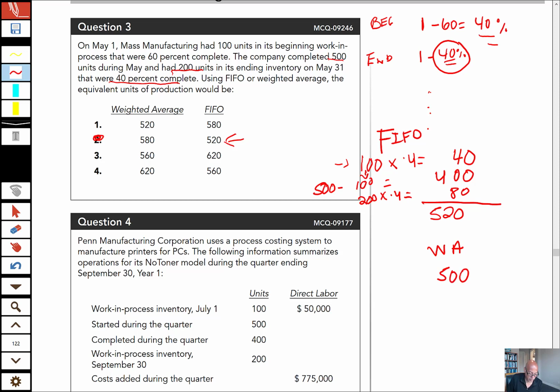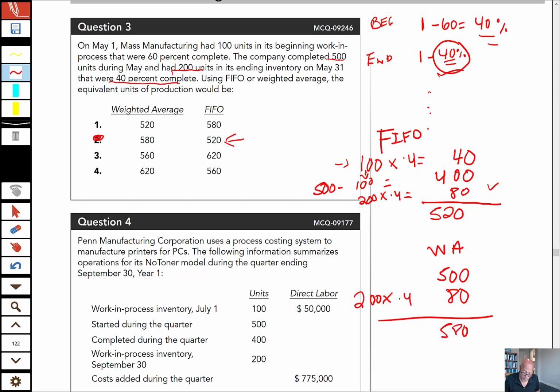And then I simply need to account for the work in process. So I take the 200 times, again, 0.4. That gives me 80. Okay, again, I got that same calculation up here. So that's 580. And so I've confirmed that 2 is the right answer.